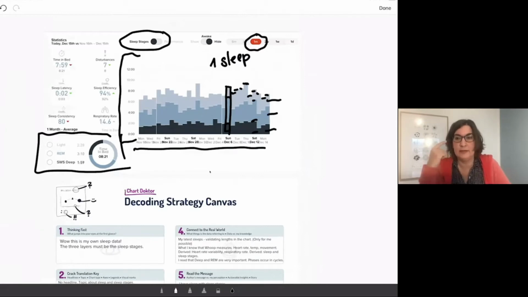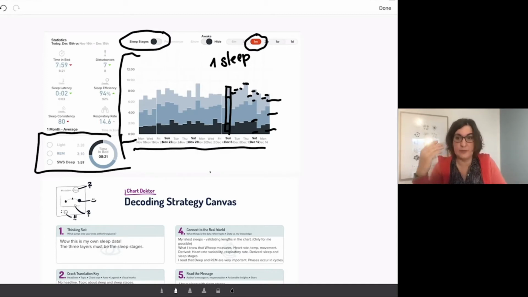Also, I remember what I read about the WHOOP band, what it actually measures. It measures the heart rate, my temperature and movement, and it derives from the heart rate the heart rate variability. This is an important measurement for health and for recovery.